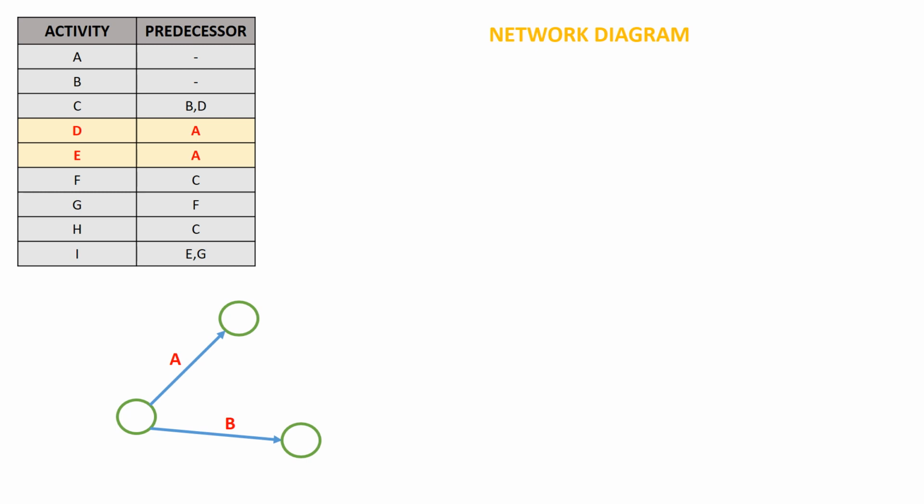Therefore, I will move on to activity D and activity E. Now we can see from the table, activity D and activity E have a common predecessor, which is activity A. That is, after completion of activity A, my activity D and activity E are going to start, and these two activities are parallel activities. Now I will be drawing activity D and activity E.